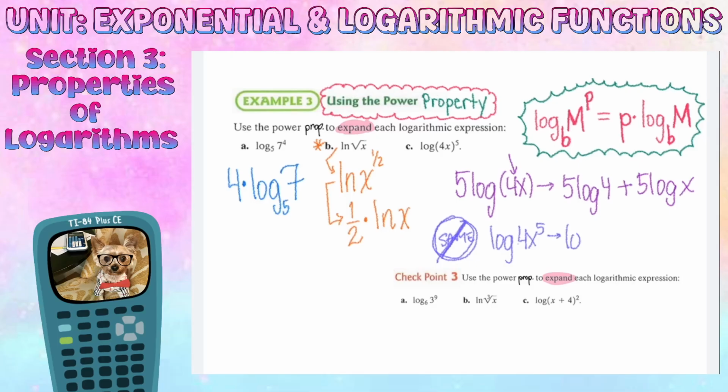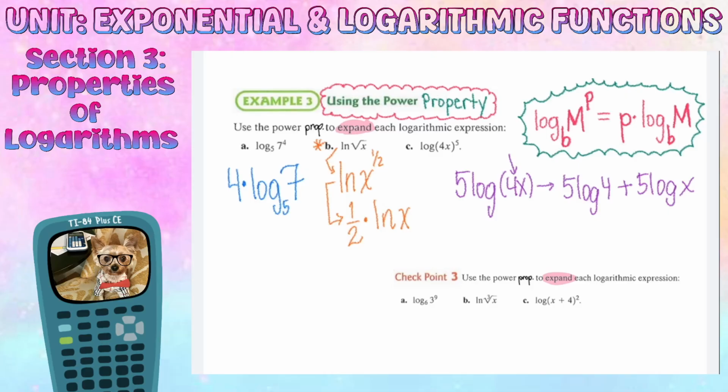So when all is said and done, you'll end up with log of 4, which could be 2 squared, so you can write 2 out front, so we could do more with it, plus 5 log x. When all is said and done, it'll look like that, because that 5 is only on the x. So hopefully you see that this is not the same as the example above it. If you got to rewind, watch that part again, by all means, go ahead and do that. But let's get into the next example.